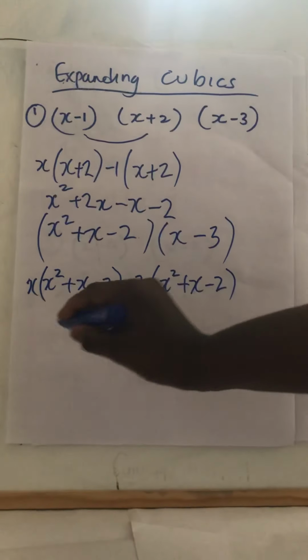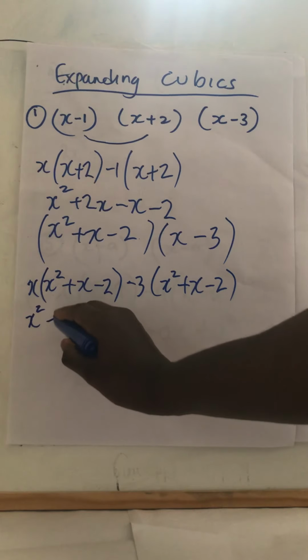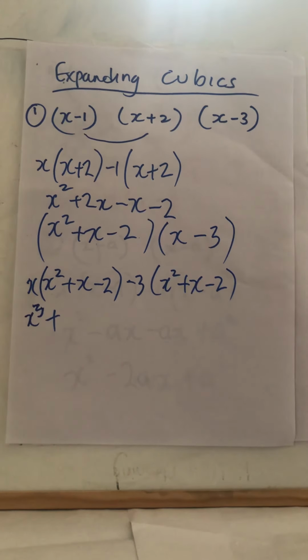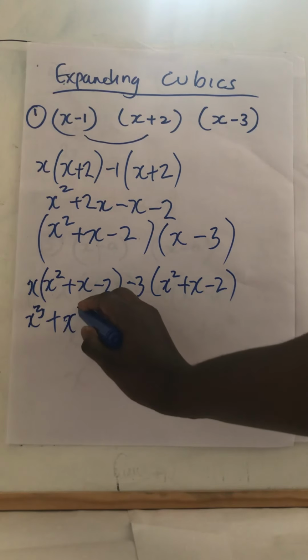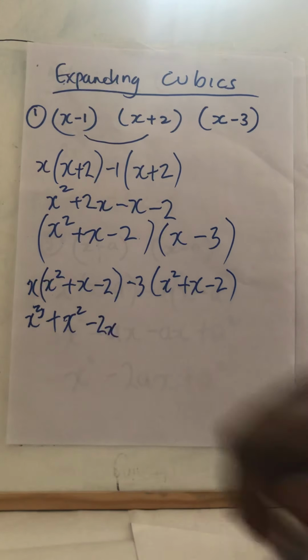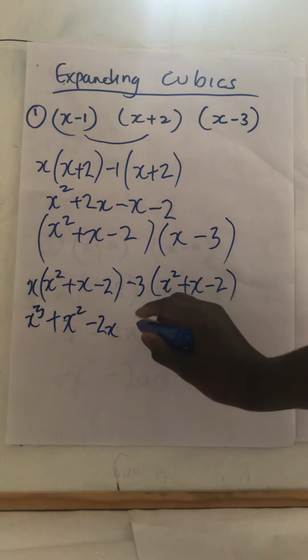So I'm going to multiply them out. x squared times x is x cubed, plus x squared, minus 2x. I'm going to multiply the second part.